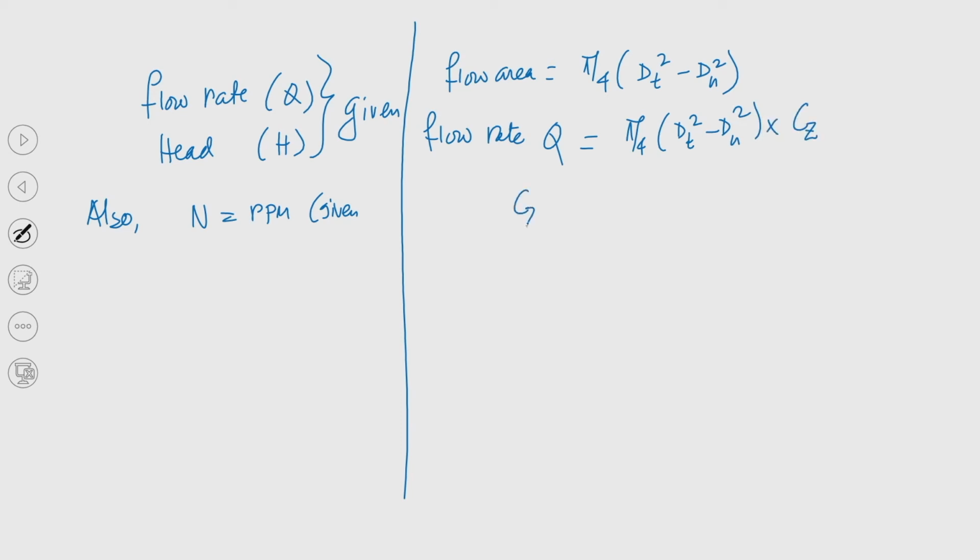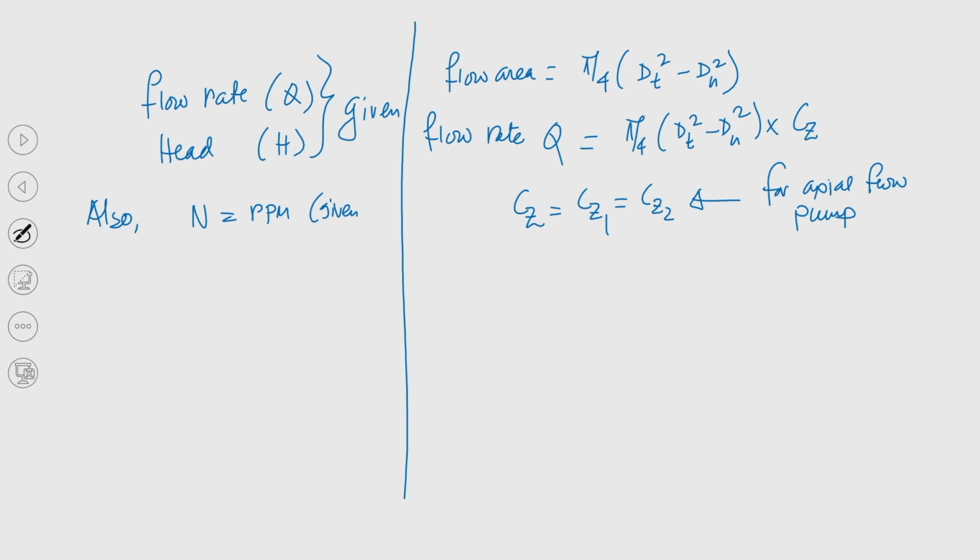The Cz will be equal to Cz1 will be equal to Cz2. This is for the axial flow pump. Right. I have discussed this part.